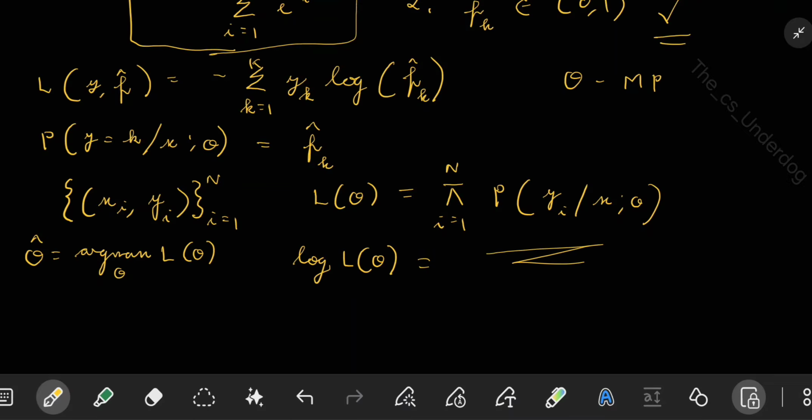What happens here? Product will turn to sum, right? Then it will be sigma i is equal to 1 to n log of this probability. So it will be log of P of yi given xi theta. So this is your log likelihood.